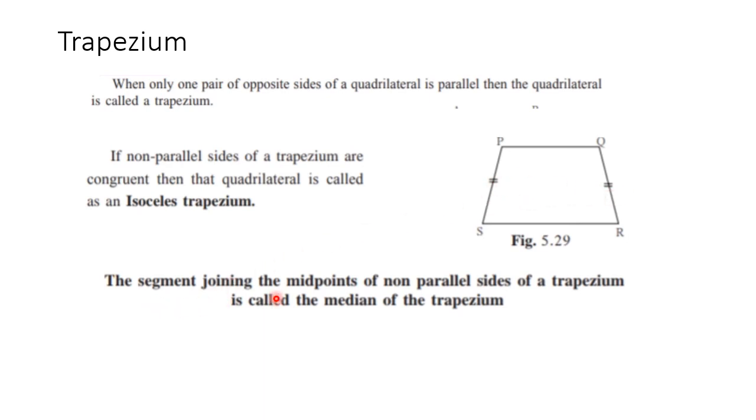The segment joining the midpoints of the non-parallel sides of the trapezium is called the median of the trapezium. Okay, so based on this we are going to solve exercise 5.4.